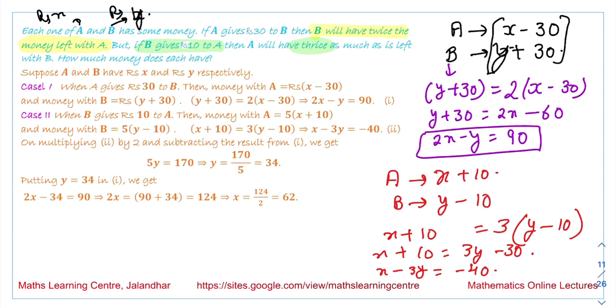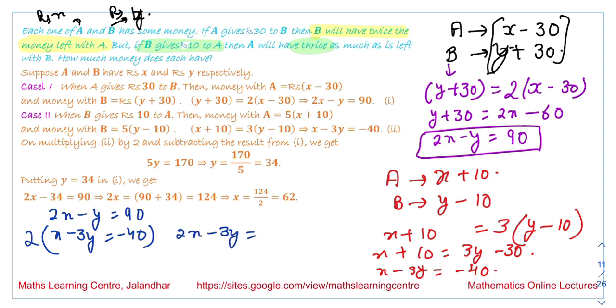So we have two equations now. One equation is 2x minus y is 90, and the second equation is x minus 3y is minus 40. If we multiply this equation with 2, we get 2x minus 6y is minus 80. And 2x minus y is 90.